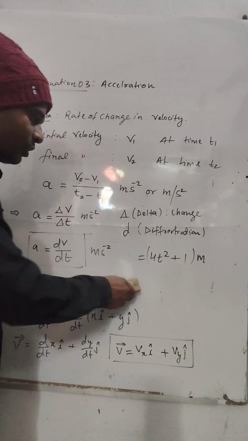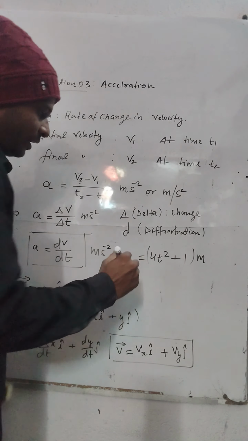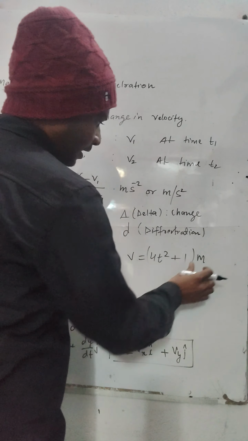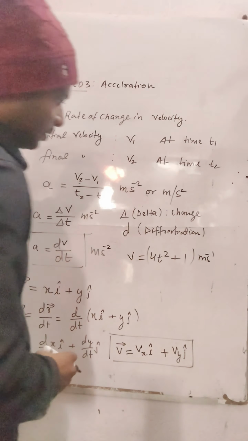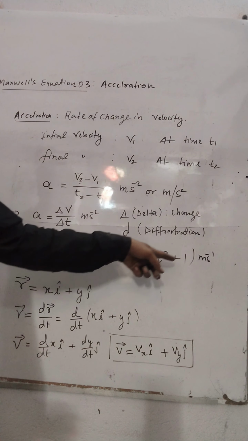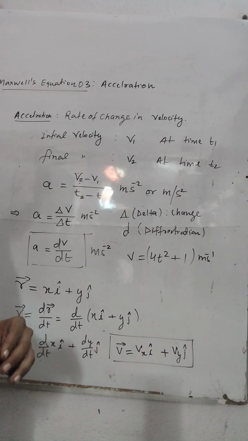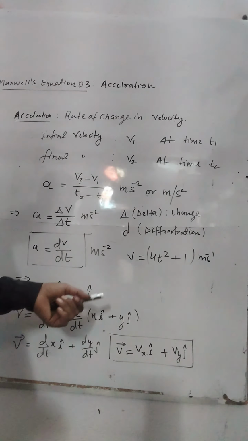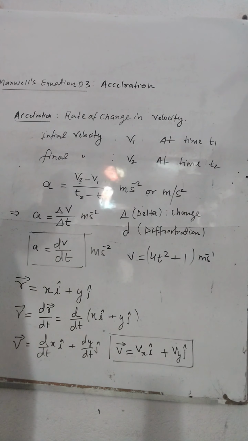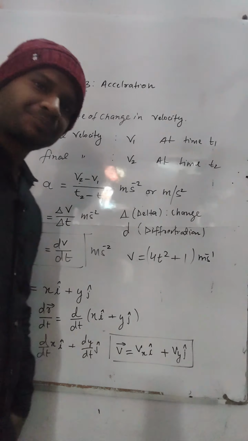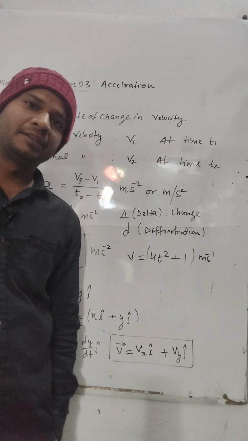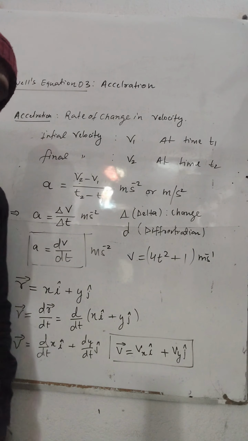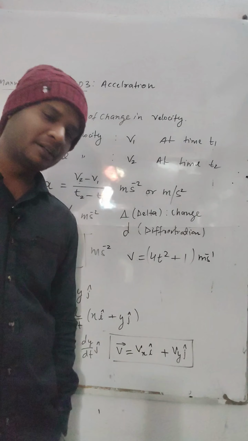Suppose the velocity is provided in such a way, and the unit in that case becomes meter per second. So the velocity is different at different instants of time. At t equal to 0 second the velocity becomes 1 meter per second, and at t equal to 1 second it becomes 5 meter per second, and so on.